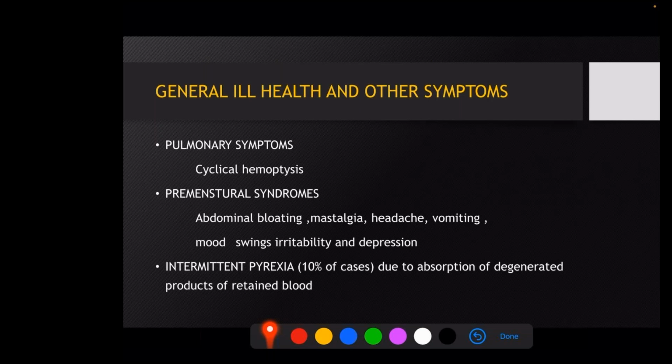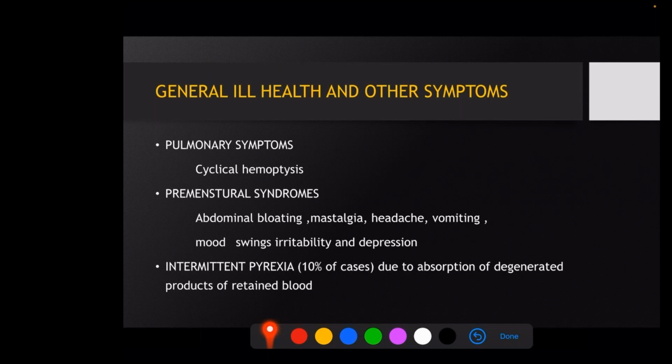Premenstrual symptoms like abdominal bloating, mastalgia, headache, vomiting, mood swings, and depression can occur. Intermittent pyrexia, especially during menstruation, is present in approximately 10% of cases due to absorption of degenerated products of retained blood.